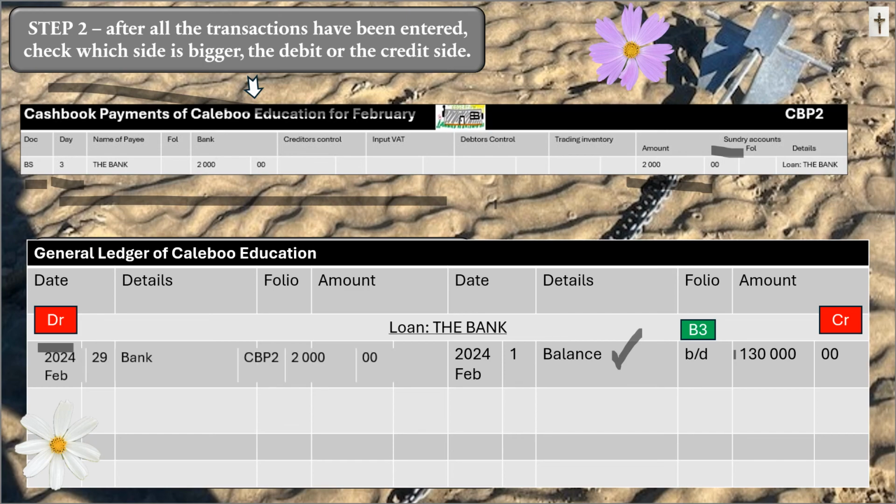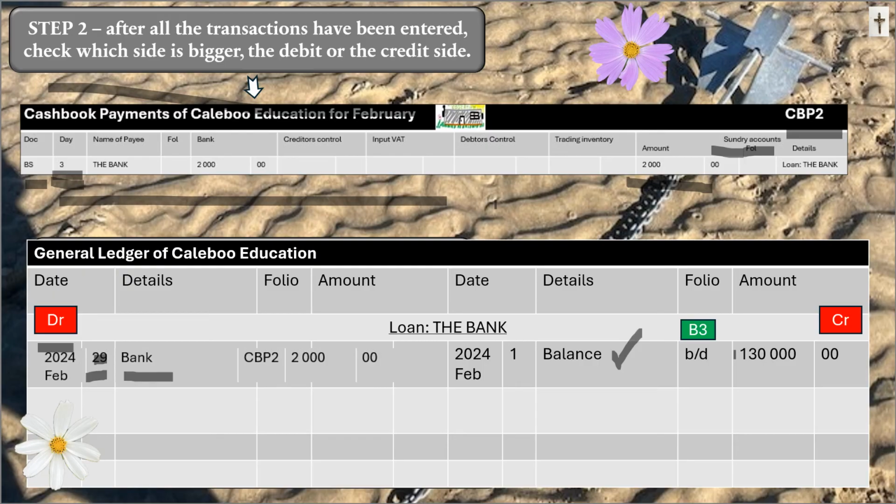Now what they've done here in this example, they've gone and put the 29th. This could have been put down on the 3rd because that's when the transaction took place and it appeared under sundry. So let's say 2024, February the 3rd, the name of the contra account is bank.